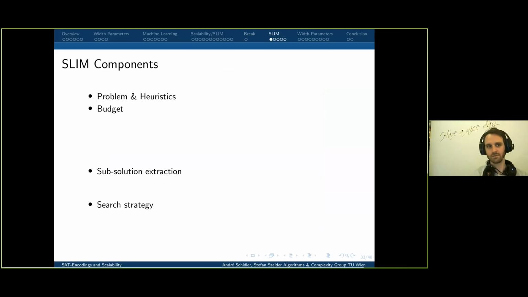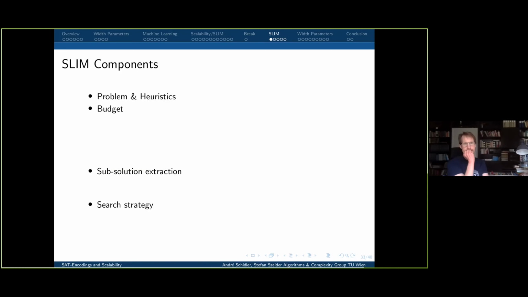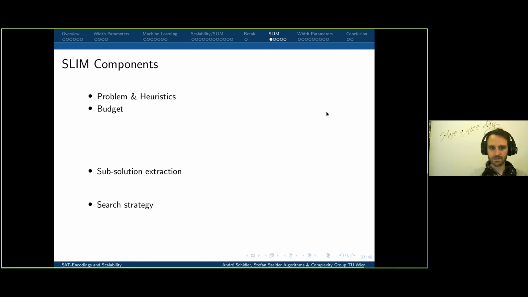Okay, so the first thing I want to go into a bit of detail on is: what do you actually have to think about when implementing SAT-based local improvement? The four things you always have are, first, a problem, of course, but the problem has to be suited to be locally improved. You have to have some optimization value that you can improve in a local manner.